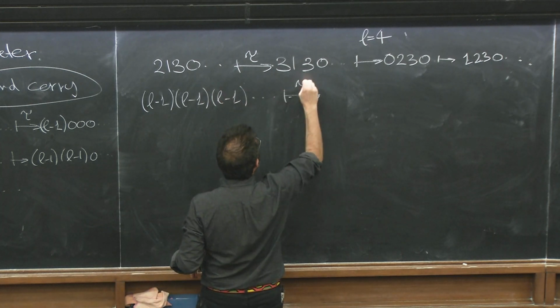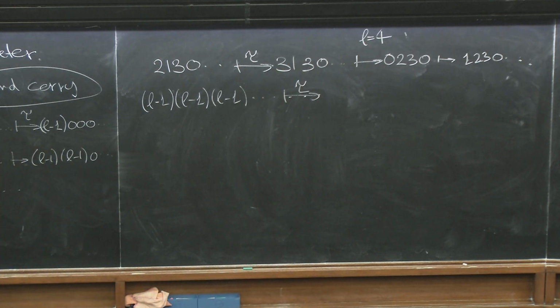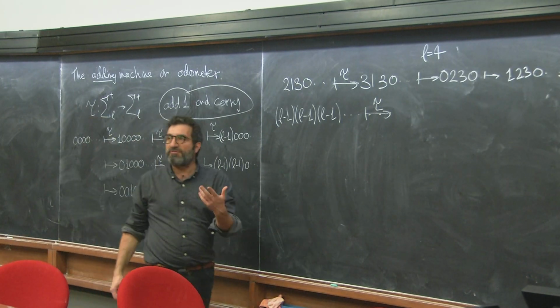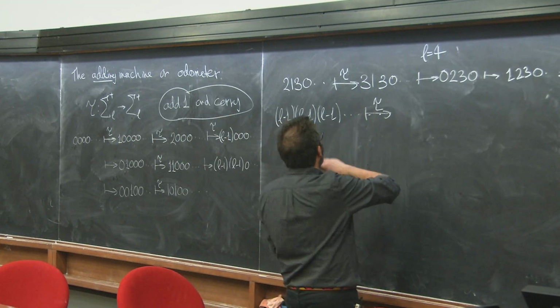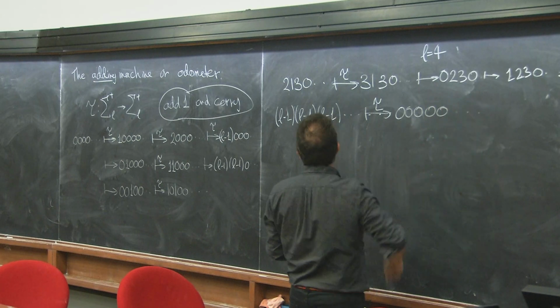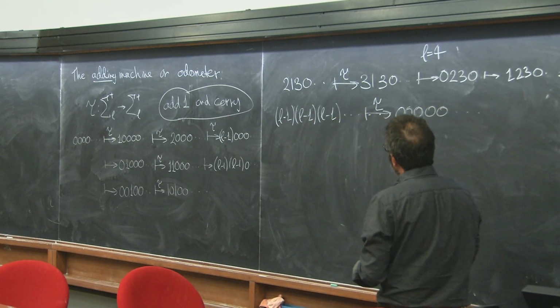Then apply tau, then what do I get? So this I kind of have to define, okay? So I'm just going to define that this maps to 0. Because otherwise it's not well defined, right?